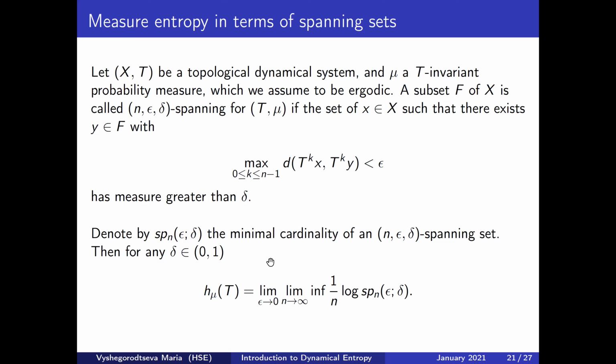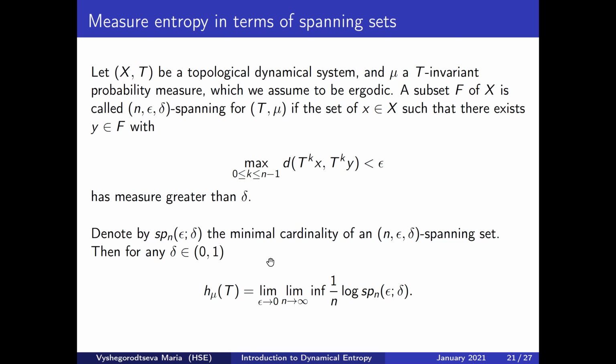To do this, we will have a topological dynamical system, and we will take a T-invariant probability measure mu, which in this case we assume to be ergodic. As I understand it, we don't actually need it to be ergodic, but it just makes the proof much easier, and therefore we will have a bit weaker form of this statement for ergodic T-invariant probability measures.